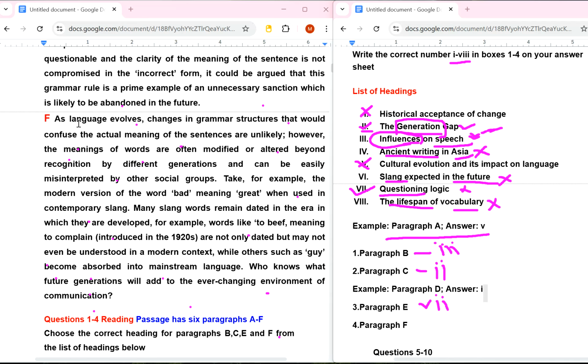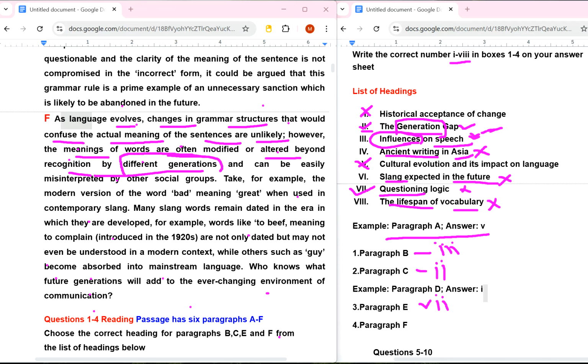Now coming to paragraph F, as language evolves here means changes. Okay, so as language evolves, changes in grammar structures that would confuse the actual meaning of the sentences are unlikely. However, the meanings of words are often modified or altered beyond recognition by different generation. Now you will get confused. Yes, definitely anyone can get confused by different generation gap.